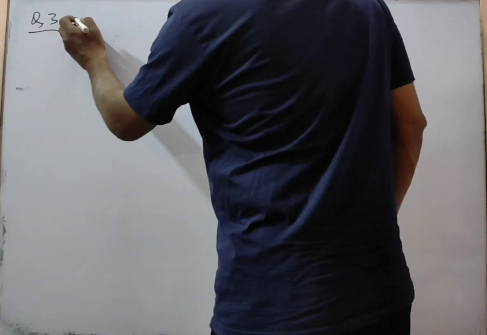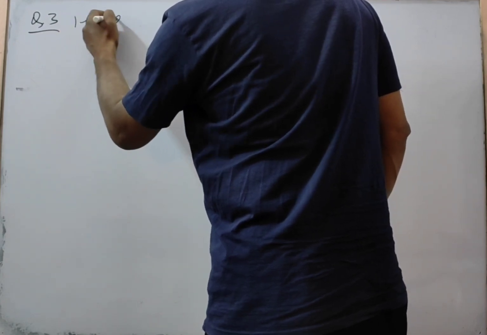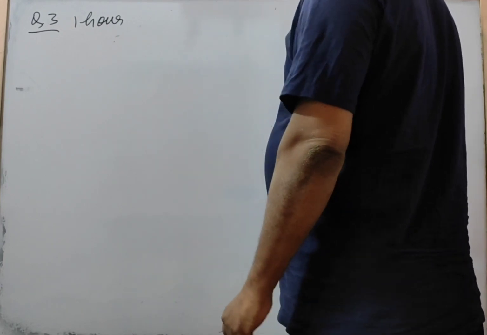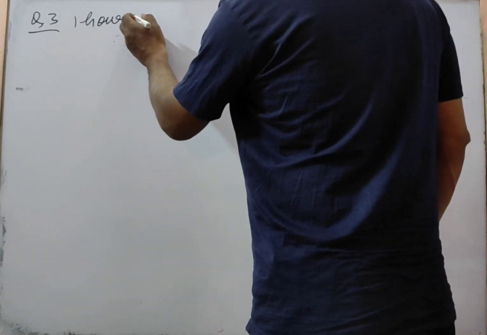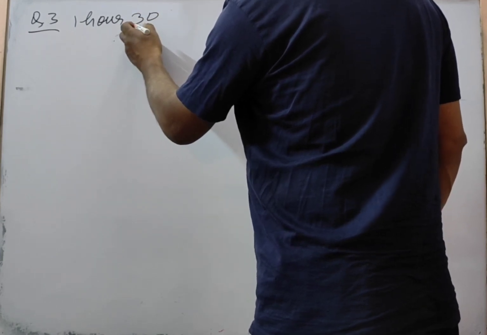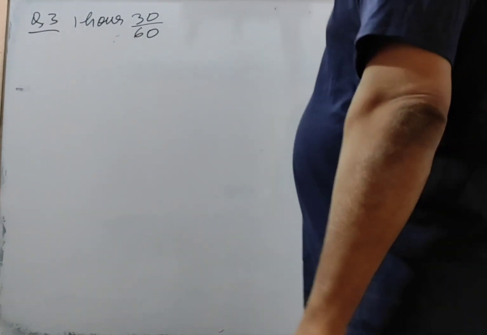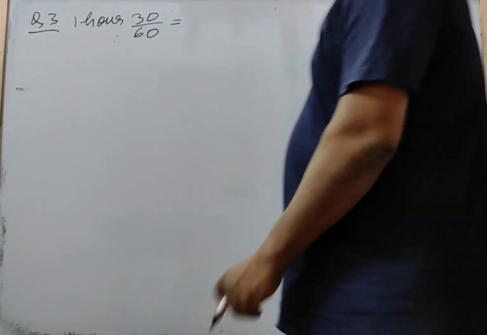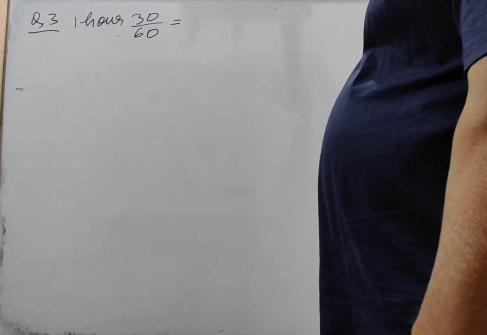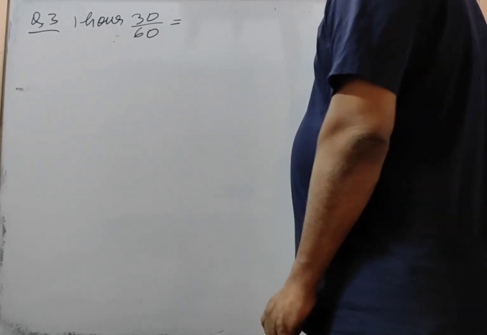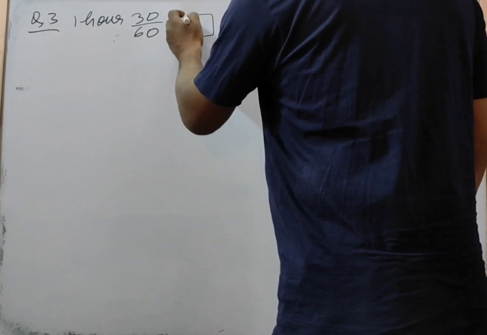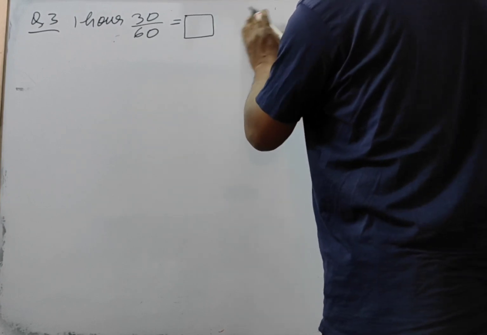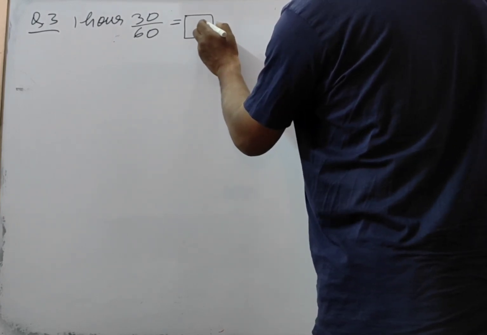So question number 3. What is that? 1 hour 30 over 60. 1 hour 30 over 60 is equal to 2.